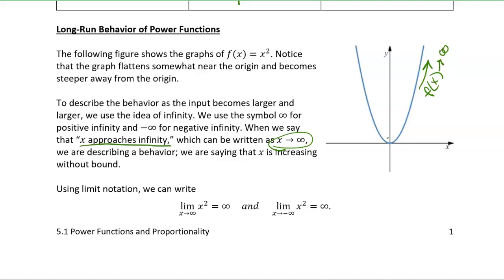And so since the function is x squared, we can write that the limit as x approaches infinity of x squared is infinity, okay? This is just looking at how x squared behaves as x gets larger and larger, and it gets larger and larger too. So we just say that the limit as x approaches infinity of x squared is infinity.